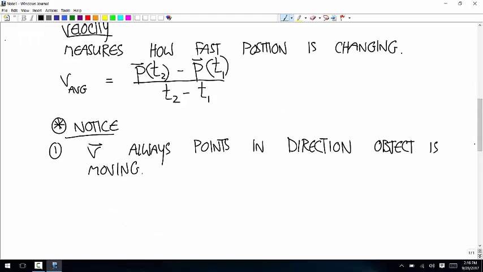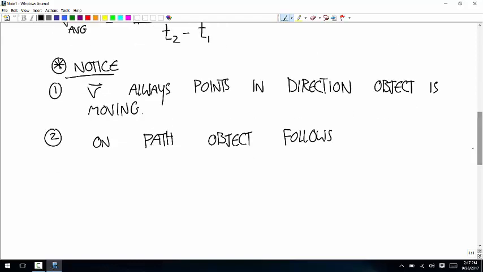And so what that means is if you drew a path that the object's following, so let's say, for example, here's the XY coordinate system, and this is the path that the object follows.